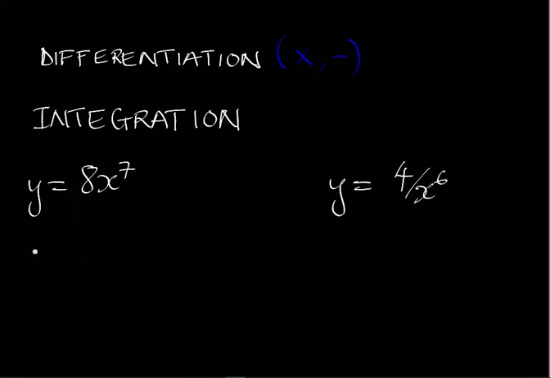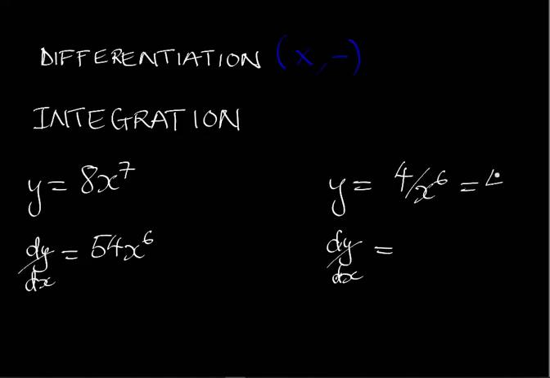If we differentiate, dy/dx for the first is going to be equal to 56x to the power 6. This will be our answer. And then for the second one, notice we're going to change this into the form that looks like this. Then we apply our power rule.